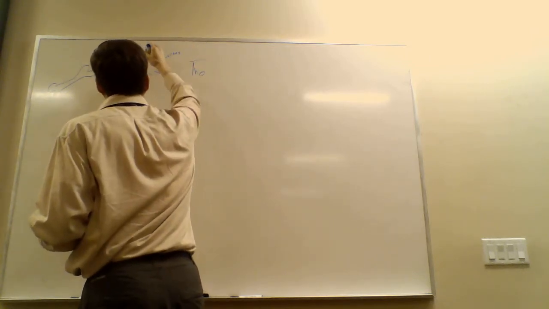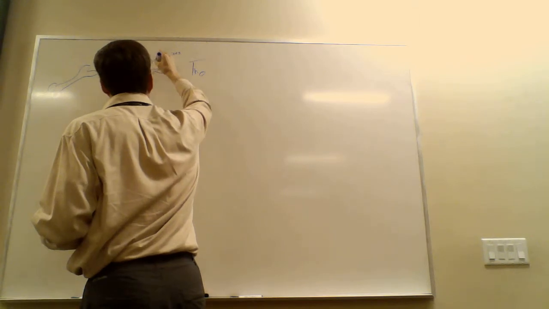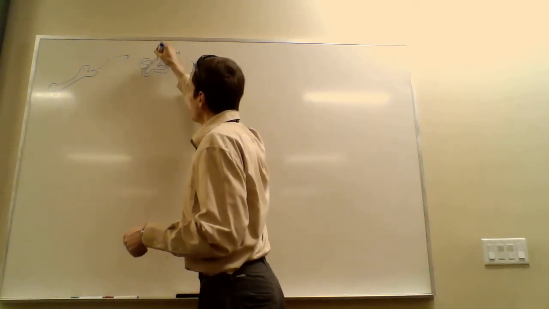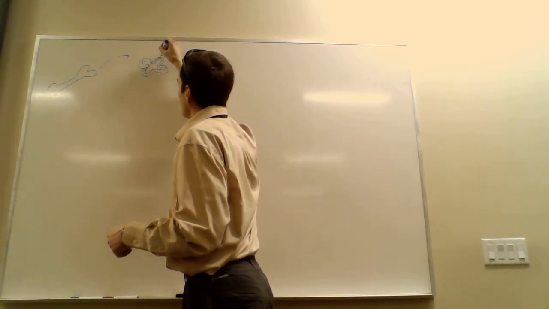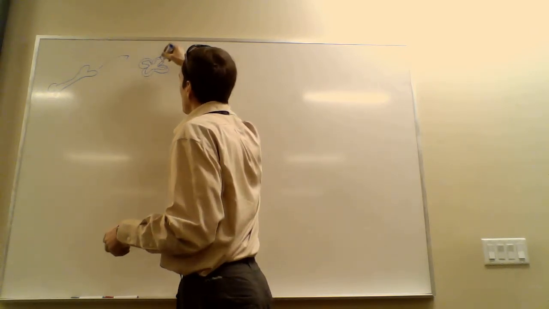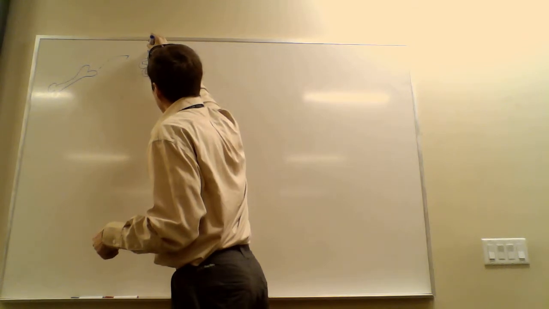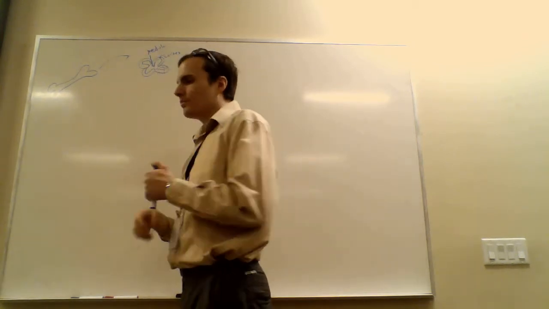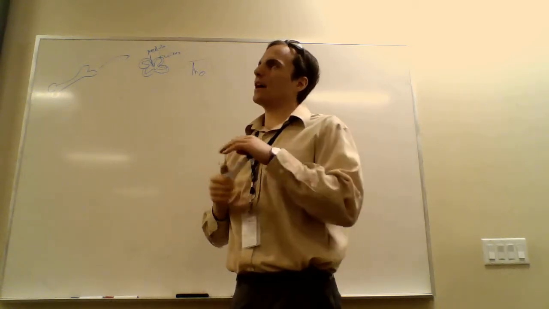I'll put a wiggly line all the way around. So between the straight line and the wiggly line is what I'm calling the cortex, the outside bit. And then the inside is the medulla.